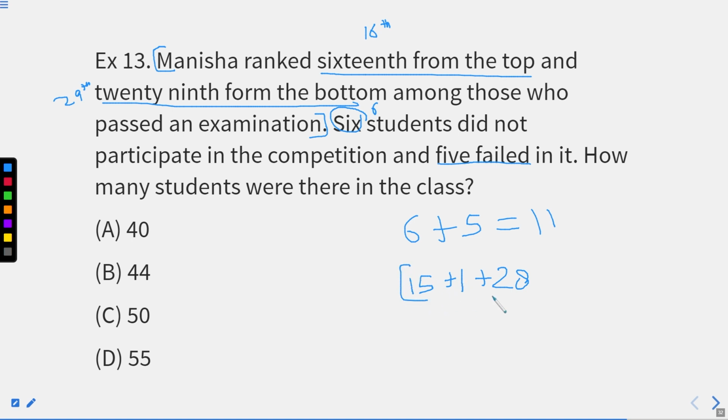So if we calculate this, what are we able to get? 29 plus 15, that is going to be 44. So 44 students are those who clear the exam, right? 11 are those who either didn't appear in the competition or failed the exam. So the total number of students is going to be 55. That is the summation of all the students.